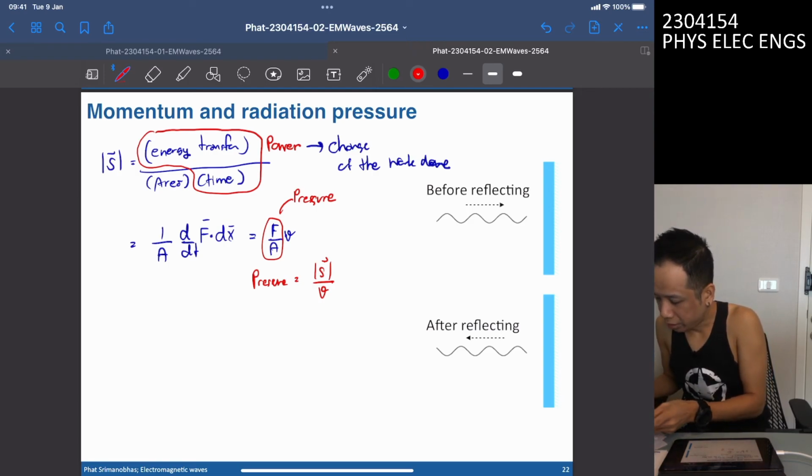Let me check if I follow the book or equations we have. Okay, we have it.